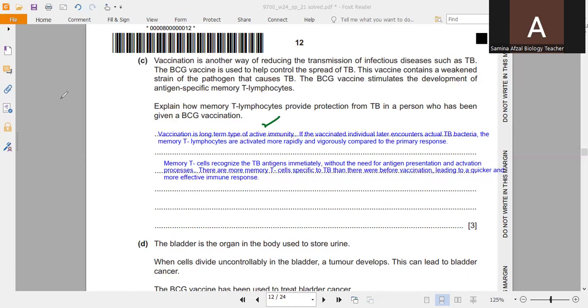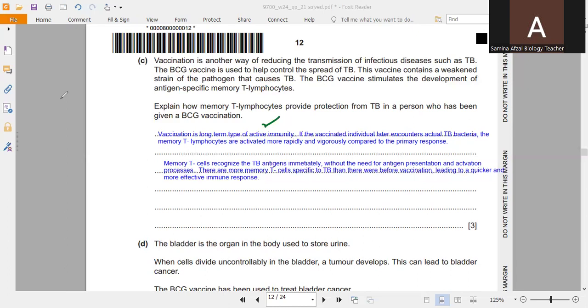During the primary response, the time span for activation against these microbes was very large. But when the second immune response takes place, due to vaccination, the immune system was familiar with those microorganisms. So rapidly and vigorously the production of antibodies takes place.